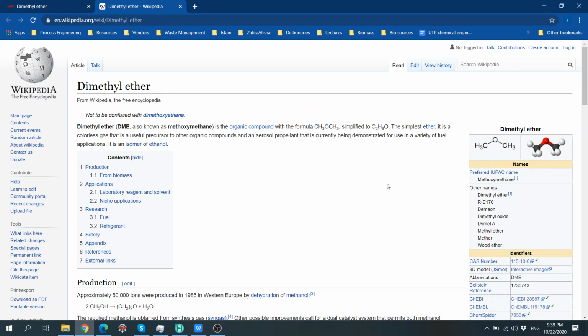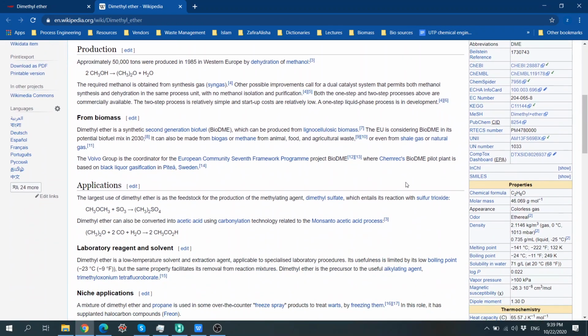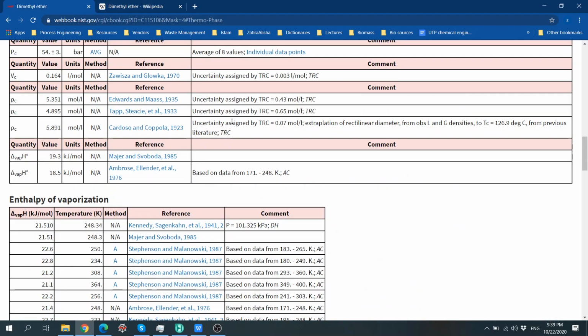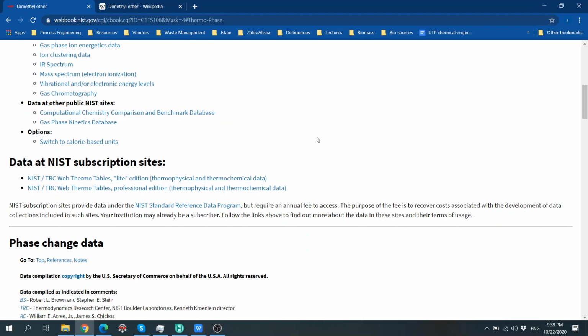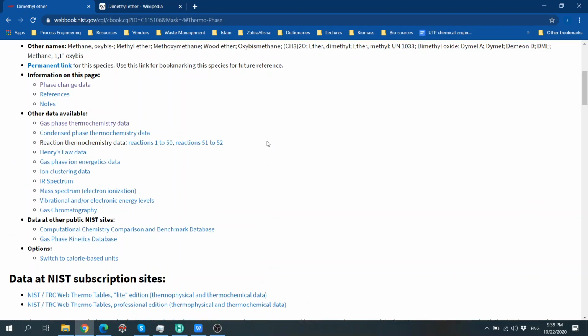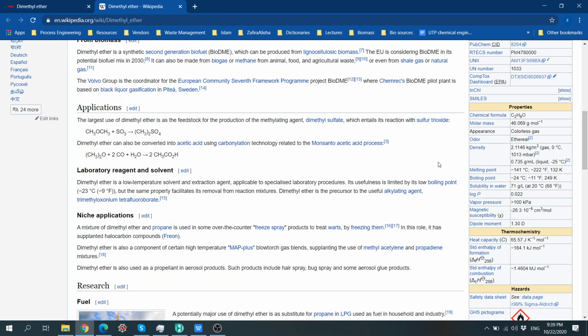We could also see it from Wikipedia as the first step. Because NIST is very detailed, we need to know first what we would like to know, and then we can go to NIST. But Wikipedia you can use as a starting point.